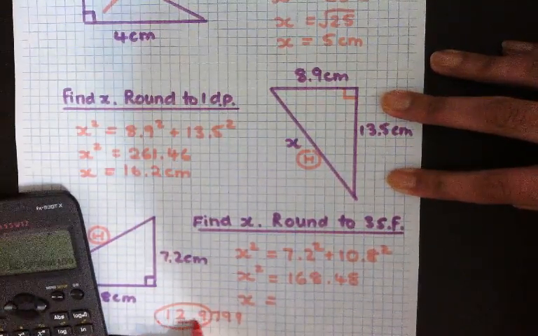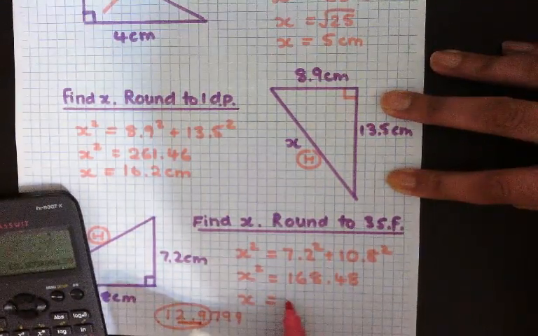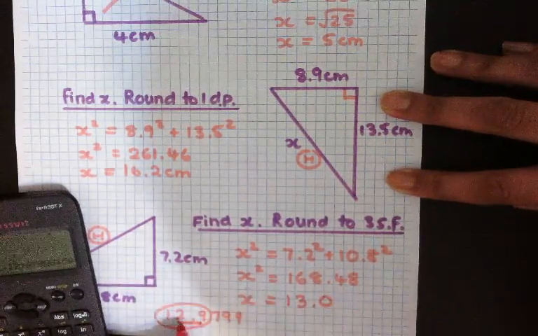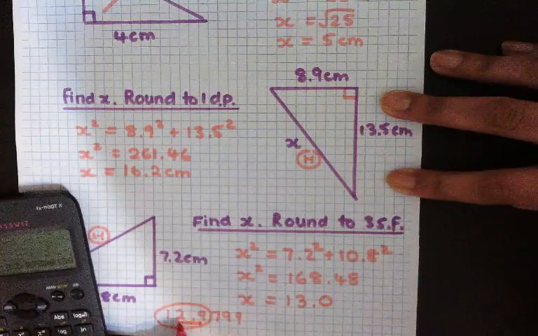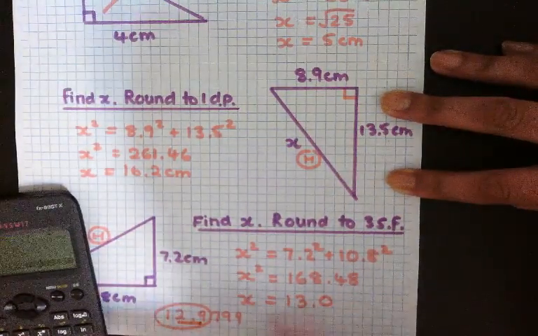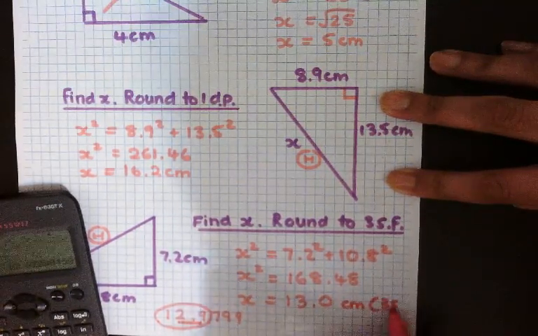The 7 pushes 29 up to a 30, so it's going to be 13.0. So this 29, it looks like 29 if you ignore the decimal, goes to a 30, and that's centimetres to 3 significant figures.